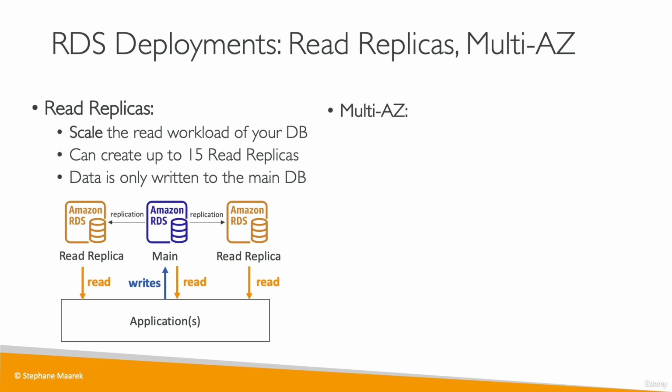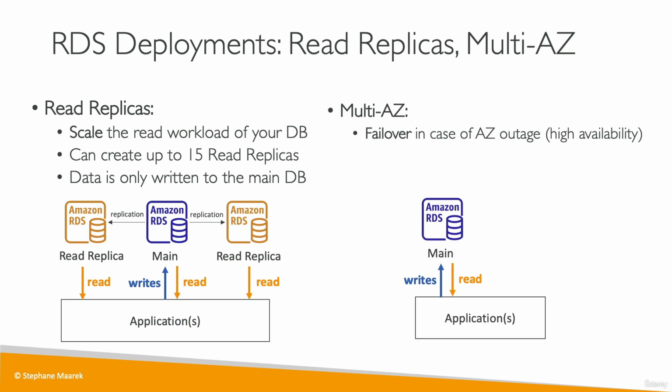Now we have multi-AZ. This is helpful when you need failover in case of an AZ outage. So in case an availability zone crashes, this gives you high availability. In this example, your applications still read and write from the same main RDS database, okay? But we are going to set up a replication cross AZ, so in another, different availability zone.